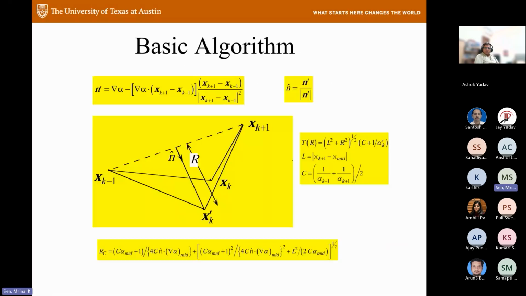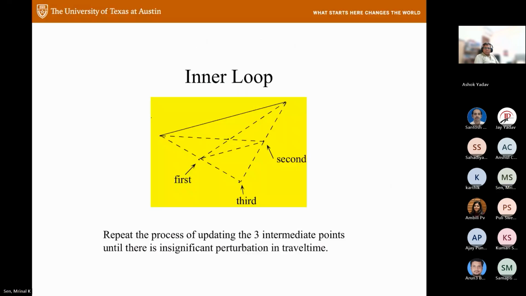Typically, what you do here is that we have two loops, at least in our algorithm, where we first pick a coarse number and a coarse set of points, and then we refine it as a function of iteration to get to the optimal ray path.